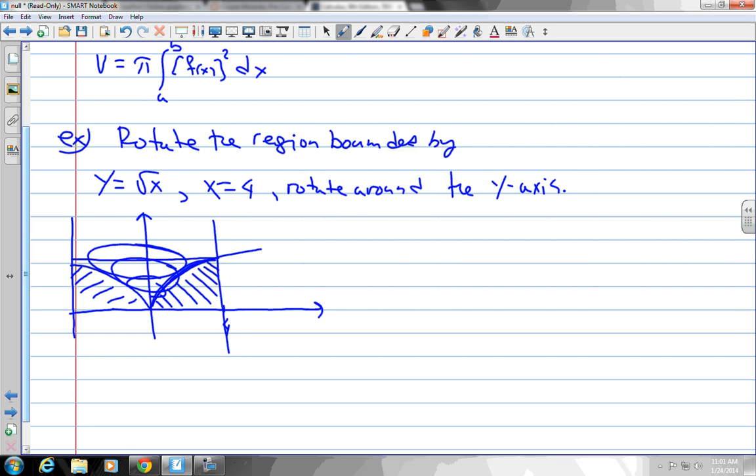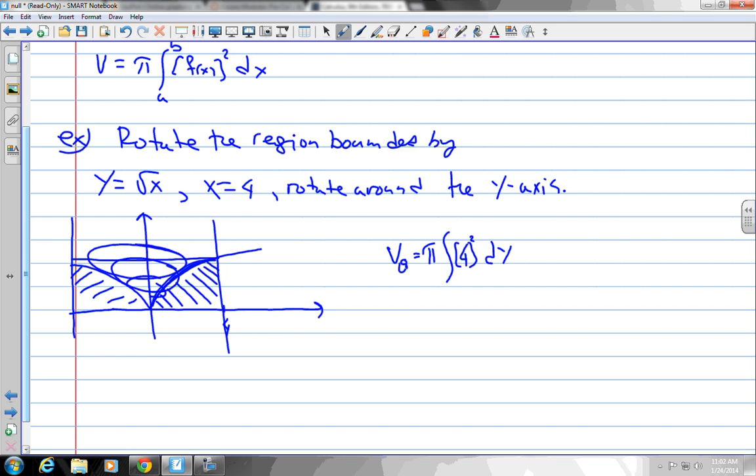If I do the volume of a cylinder using this technique, what is the function we're going to be rotating around the y-axis? Yes, x equals 4. Since we're doing the dy thing now, this is just 4. So the formula is pi integral of 4 squared dy.